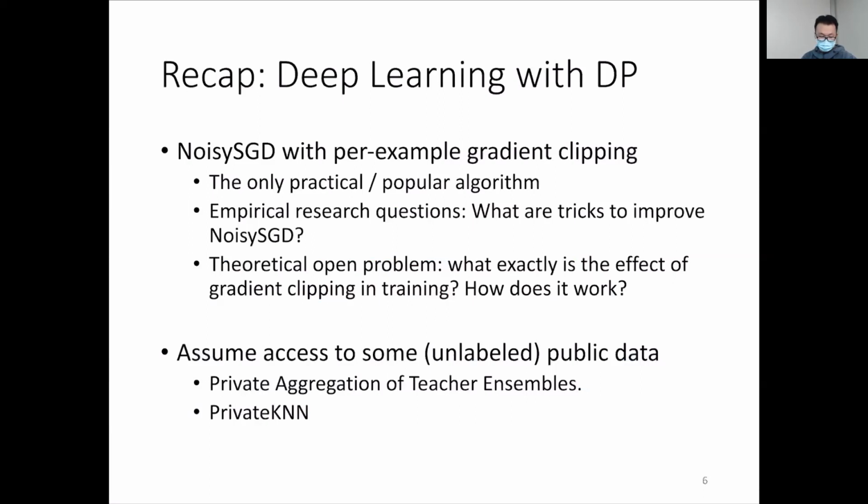In particular, towards the end of the last lecture, we talked about two families of algorithms. One is called the private aggregation of teacher ensembles, or PATE. The other is called private k nearest neighbors. These algorithms operate in this knowledge transfer setting when we have unlabeled public data. The idea is to use the private data to somehow create synthetic labels for these unlabeled public data.